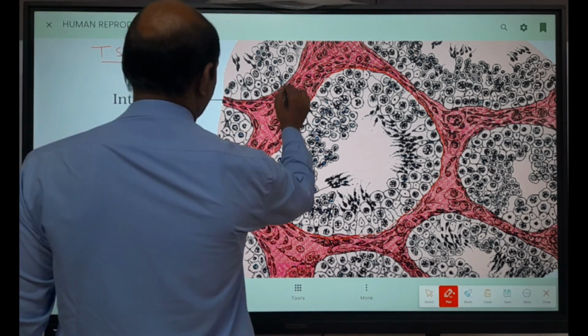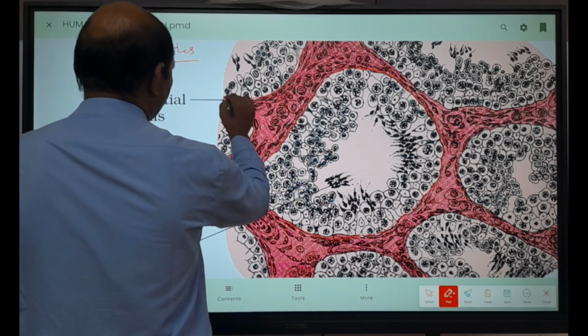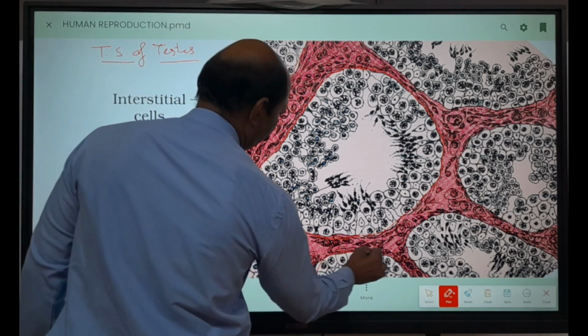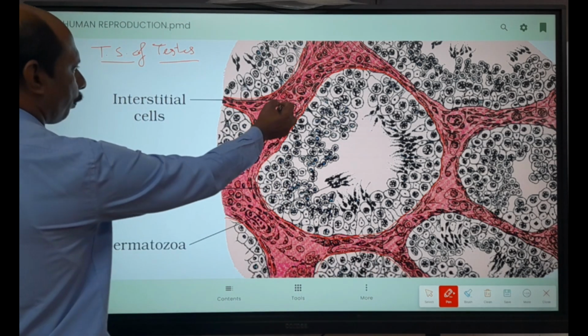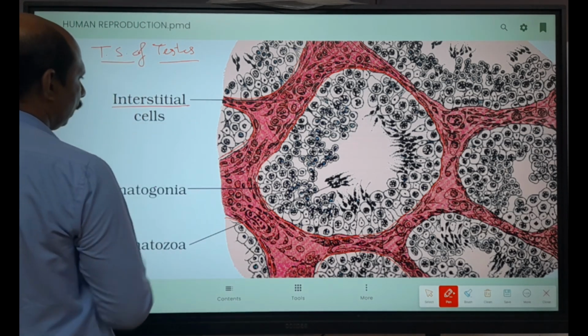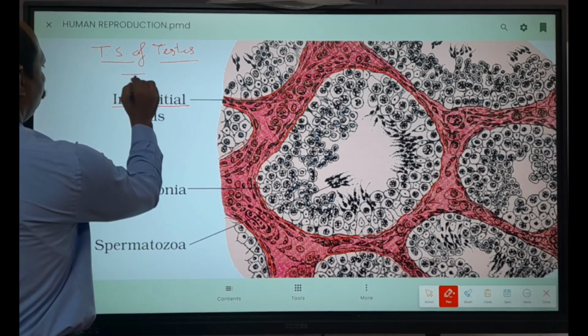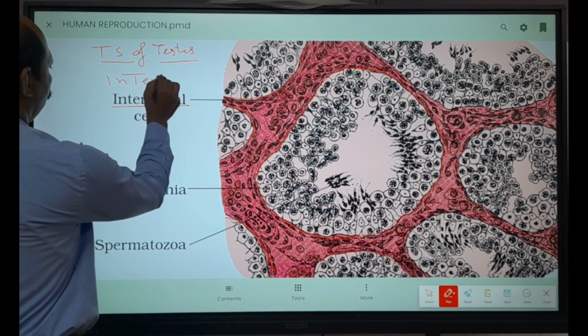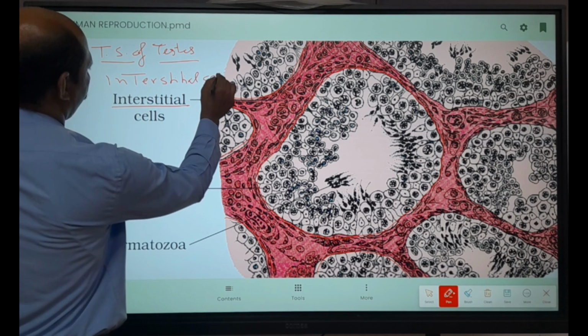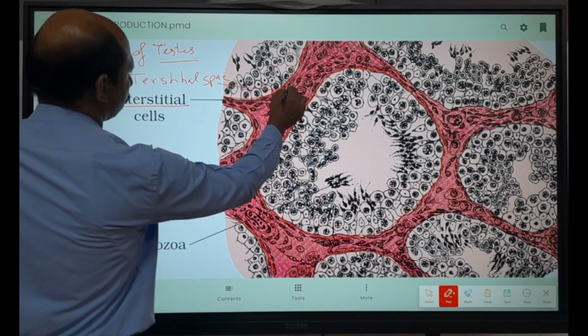So these are seminiferous tubules, and this part which is present between the seminiferous tubules is called the interstitial space. Which one? This part.